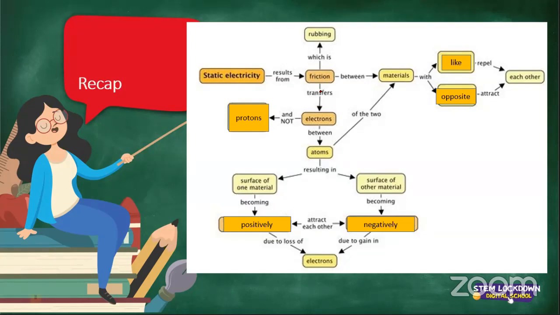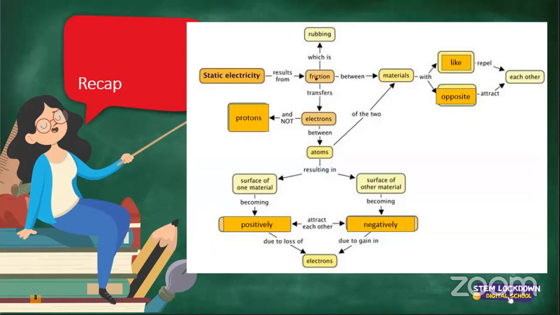So friction transfers electrons between atoms, and this results in one surface becoming positively charged and another surface becoming negatively charged. And positive and negative charges attract each other due to a loss or gain of electrons.